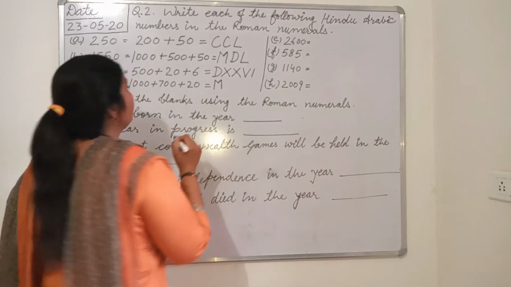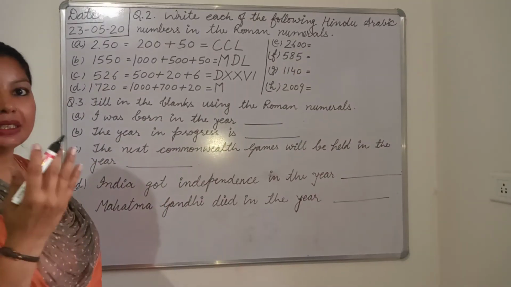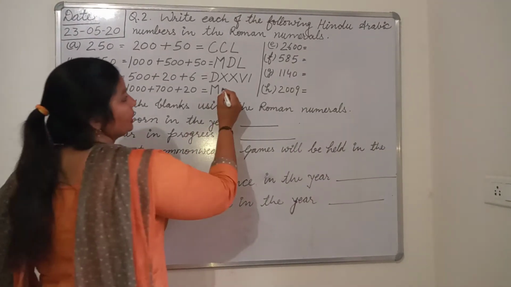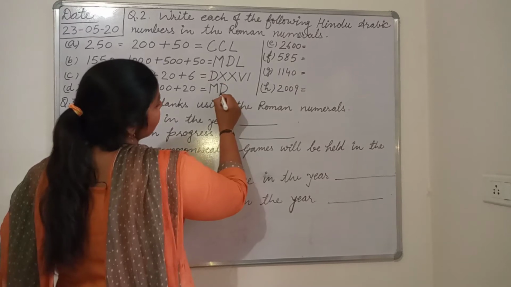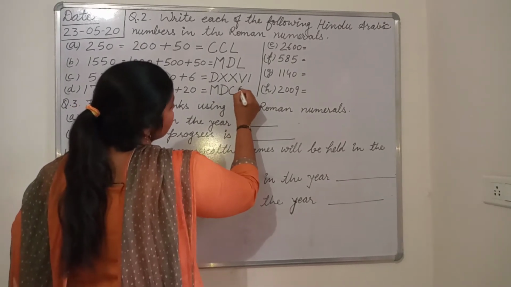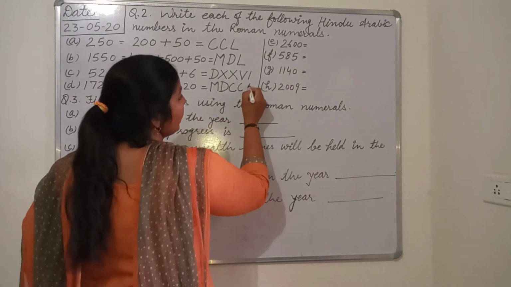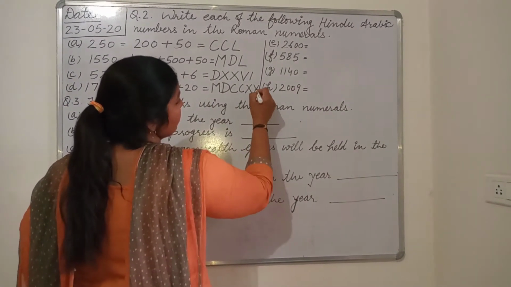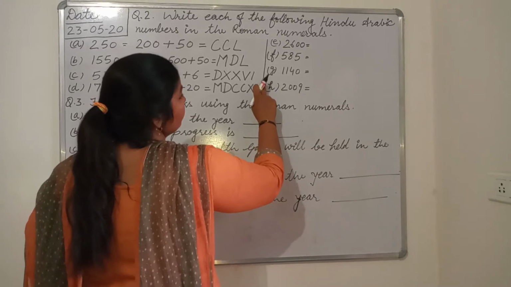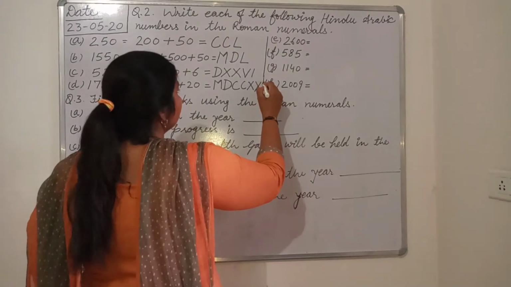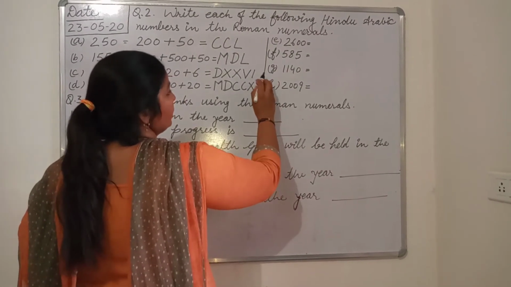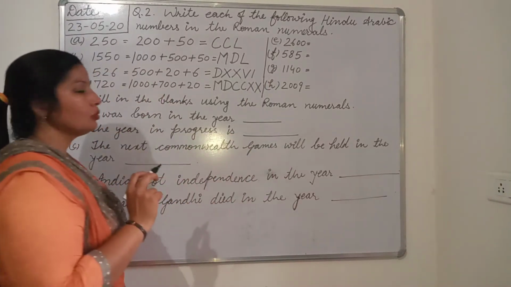D means 500, then C, C. So firstly we write D, then C, C. Now it becomes 700. Then 20 is X. So now it becomes 1720. Okay. So you should do like this.